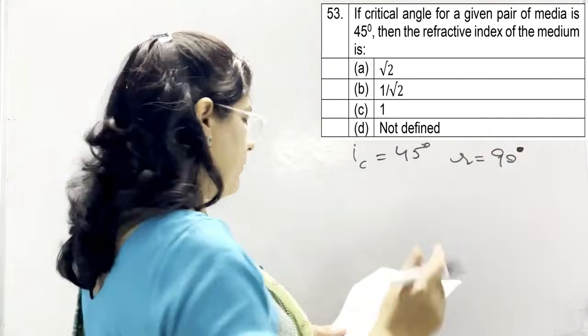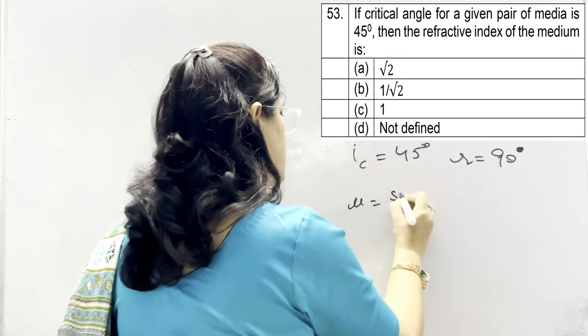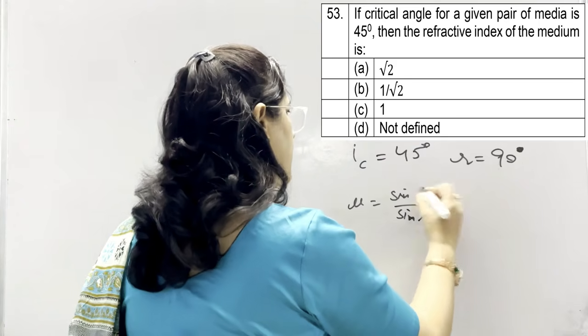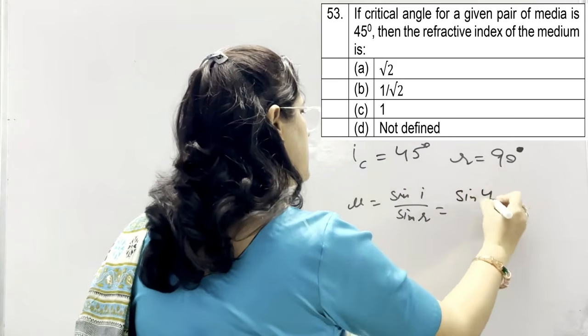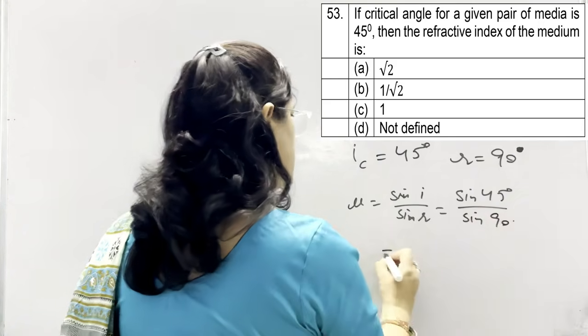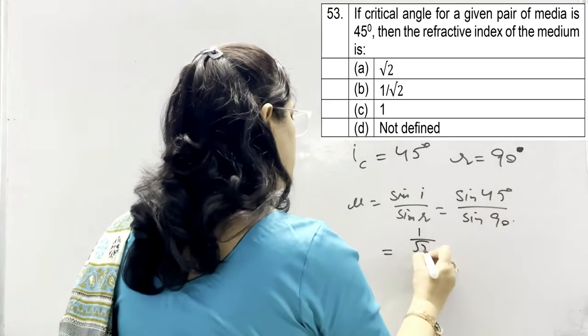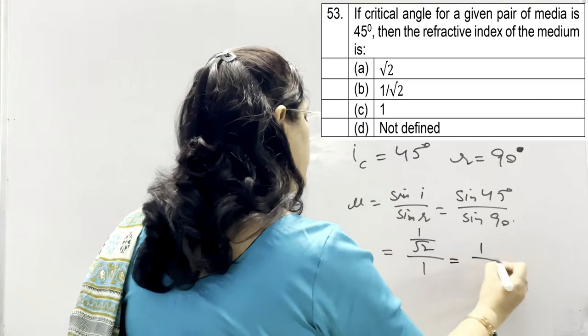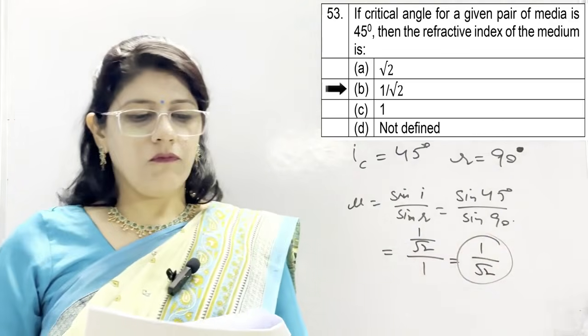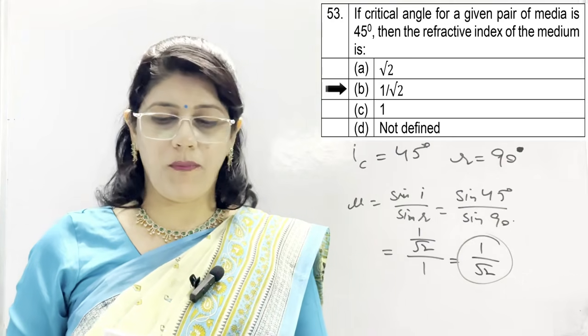So we know the formula for mu, it is sin i upon sin r. Here angle of incidence is 45 degree and angle of refraction is 90 degree. So sin 45 value is 1 upon root 2, upon 1. So 1 upon root 2 is the correct answer, which is our option number B, 1 upon root 2.